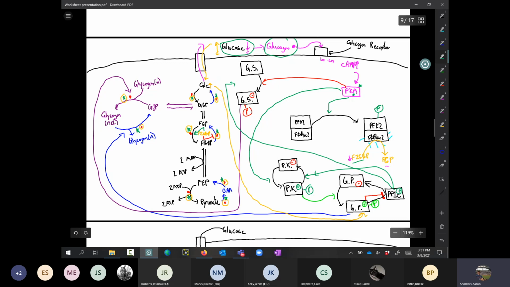Boop. And it's going to cause the dephosphorylation of that, which is going to activate that, which is then going to go on and make glycogen. Okay, awesome. All right, and that's caused by essentially glucose or glucose 6-phosphate. Both of them will do this, coming into these cells and activating glycogen phosphorylase.